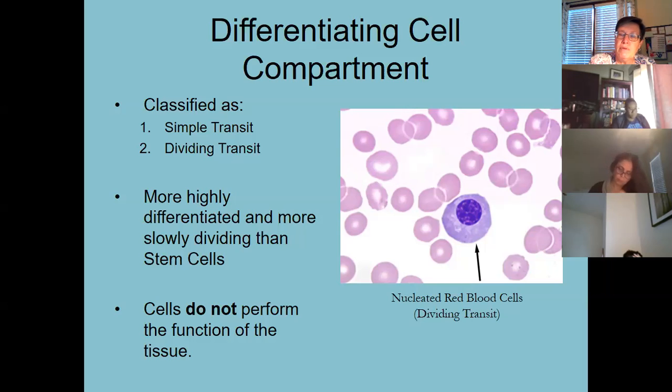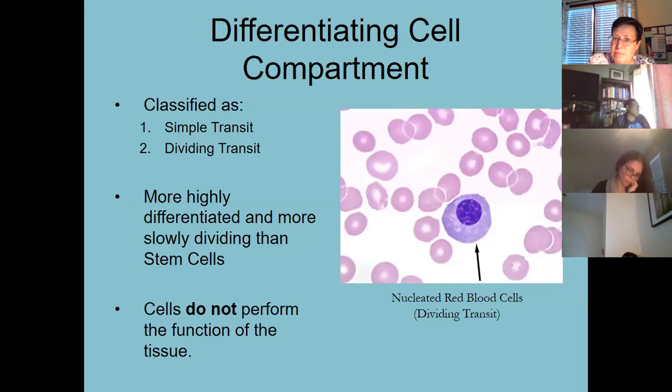For example, cells that fall into the category of simple transit, once they have moved out of the stem cell compartment into the differentiating cell compartment, don't divide anymore. So they've stopped dividing and they are starting to become more complex.